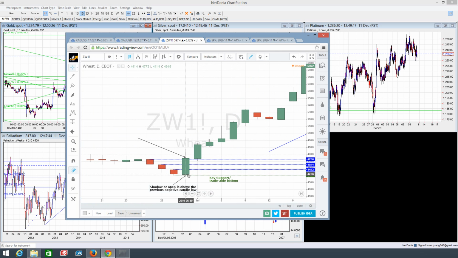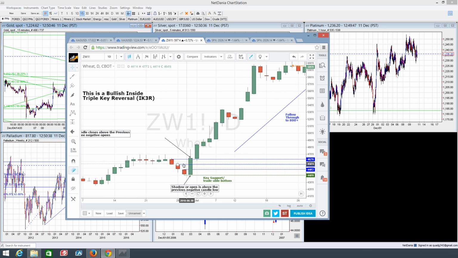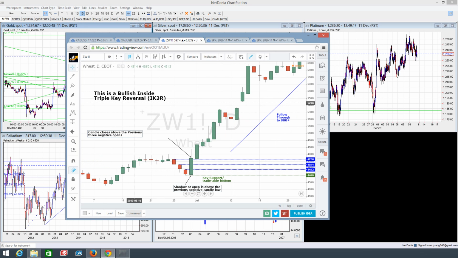It didn't produce a shadow, but it did open up and ended up rising fairly quickly to close the day above the 1, 2, 3 previous negative opens, and that set an inside triple key reversal. And it's an inside reversal because the shadow in this particular bullish candlestick pattern did not go below the previous negative candle's low there at 440.